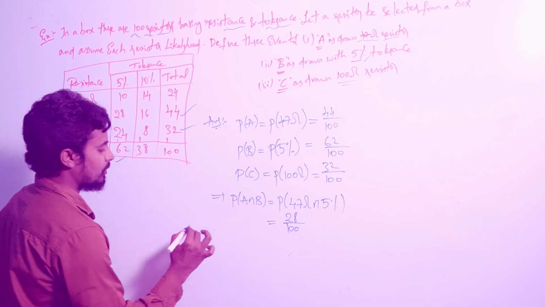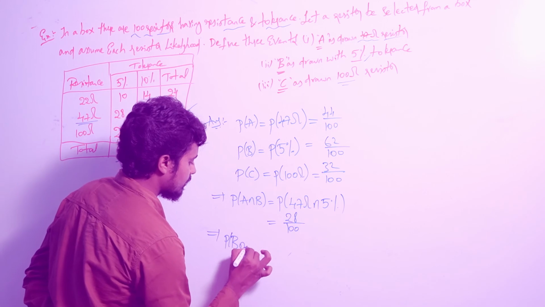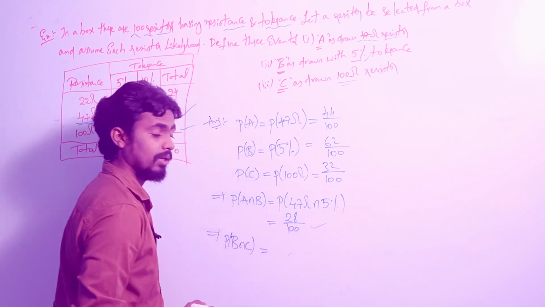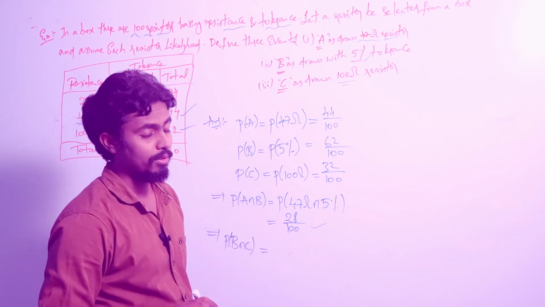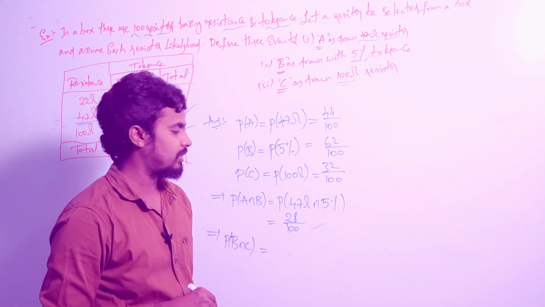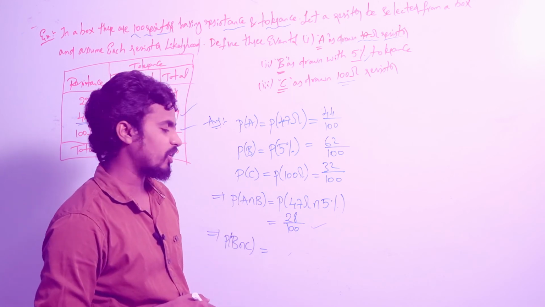Similarly, P of B intersection C, take this as homework and solve this as 28 divided by 100. If you can't get it, ask me in the comment section. I will give you an answer for it. Okay, try this problem on your own.